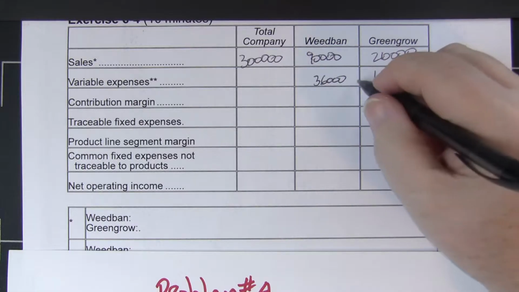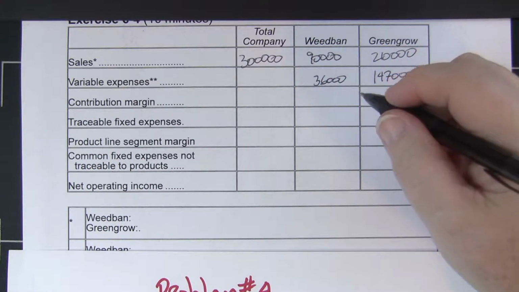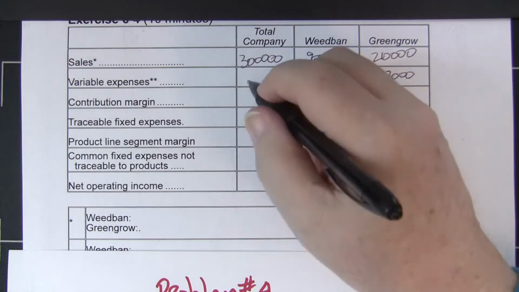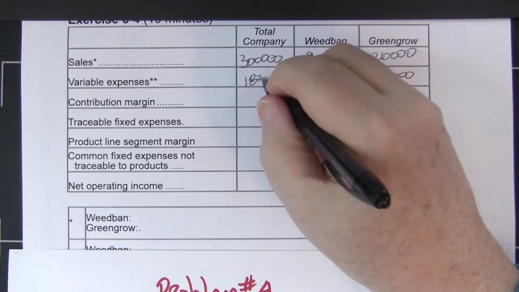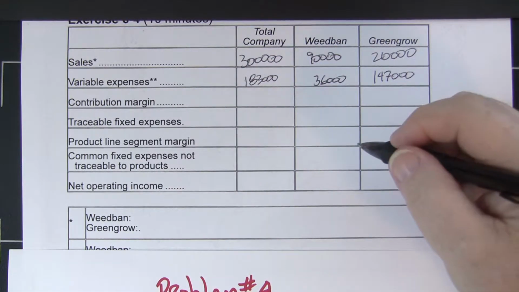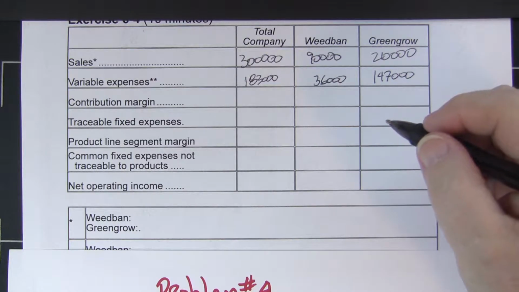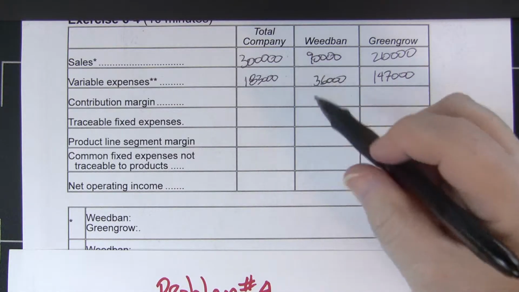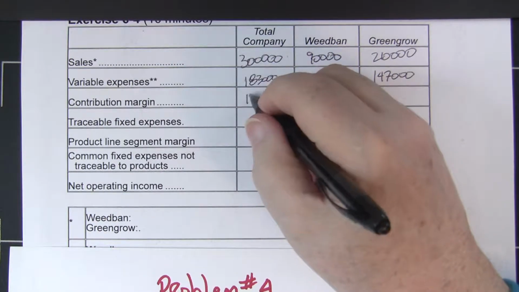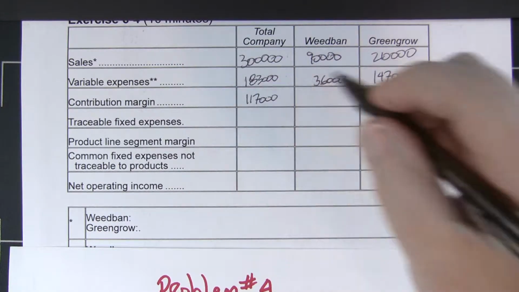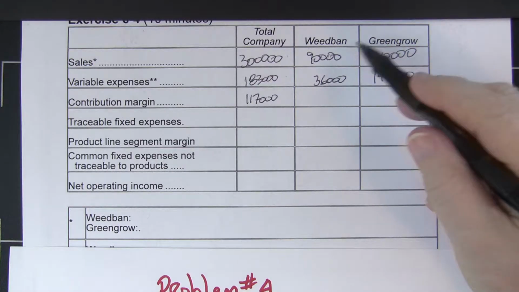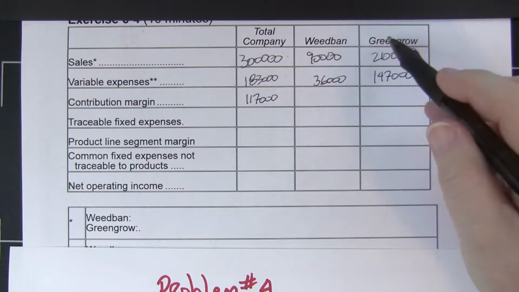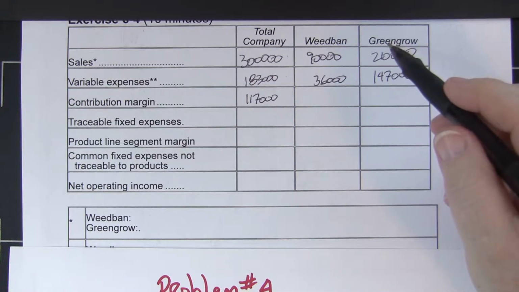So when you add these together, the total variable expenses for the company are 183,000. The contribution margin for the total company, sales minus variable cost, is 117,000. That's divided between Weed Ban and Green Grow, but not 50-50.